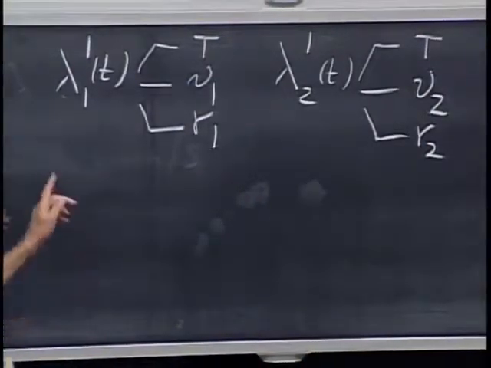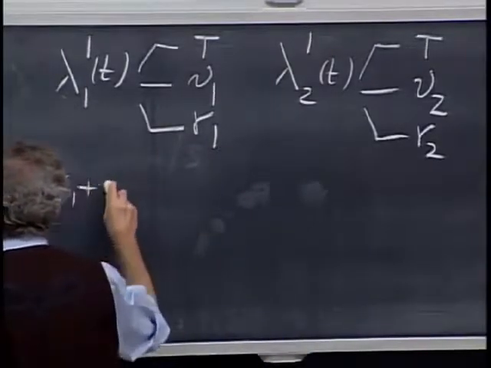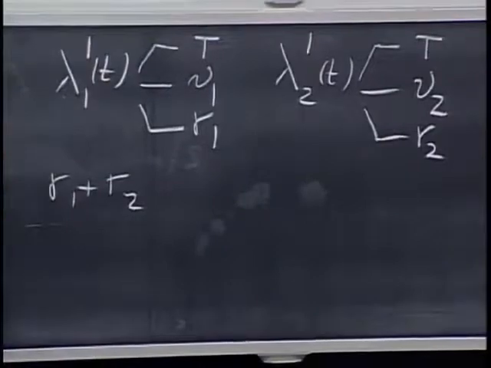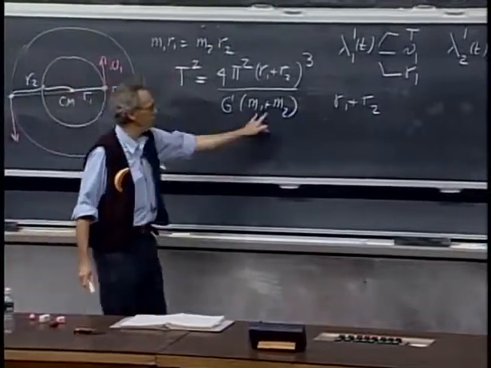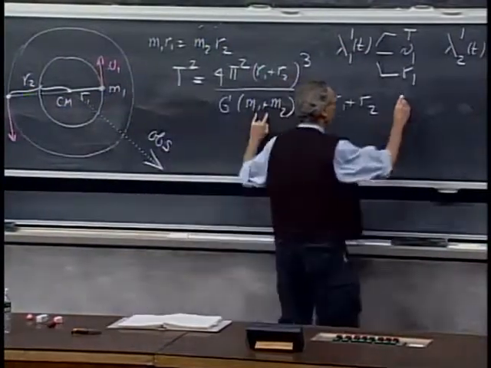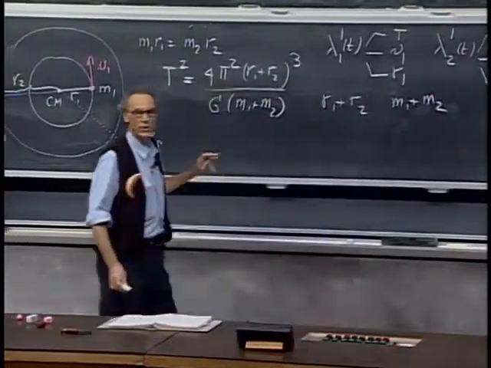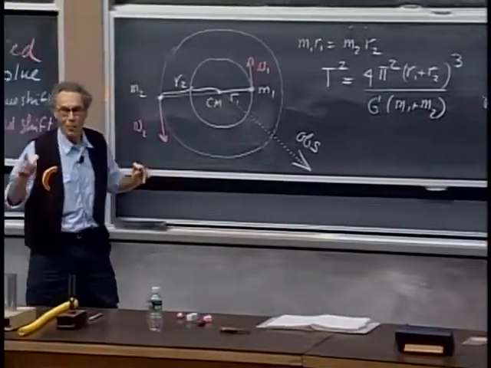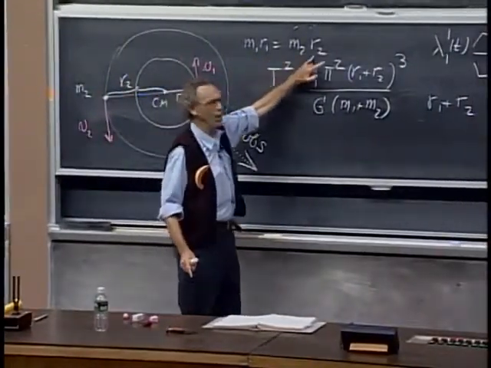But if you know r1 and you know r2, then you also know r1 plus r2. So you know this part in Kepler's third law. Since you also know the period, you can find what m1 plus m2 is. So now you get an extra bonus. You know now what the sum of the mass of the two stars is in the binary system. But you also know that m1 r1 is m2 r2.